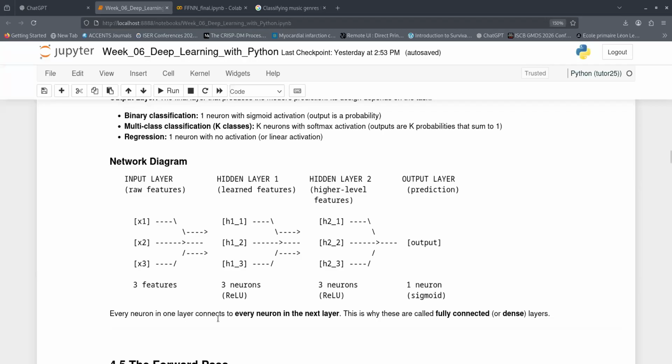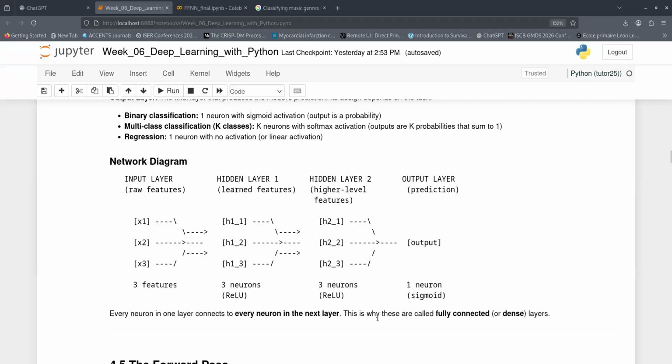Every neuron in one layer connects to every neuron in the next layer. So X1 is for sure connected not only to this neuron but to this neuron, and X2 is connected to H11, H12, and H11 is also connected to H21 and H22, every neuron in the next layer.